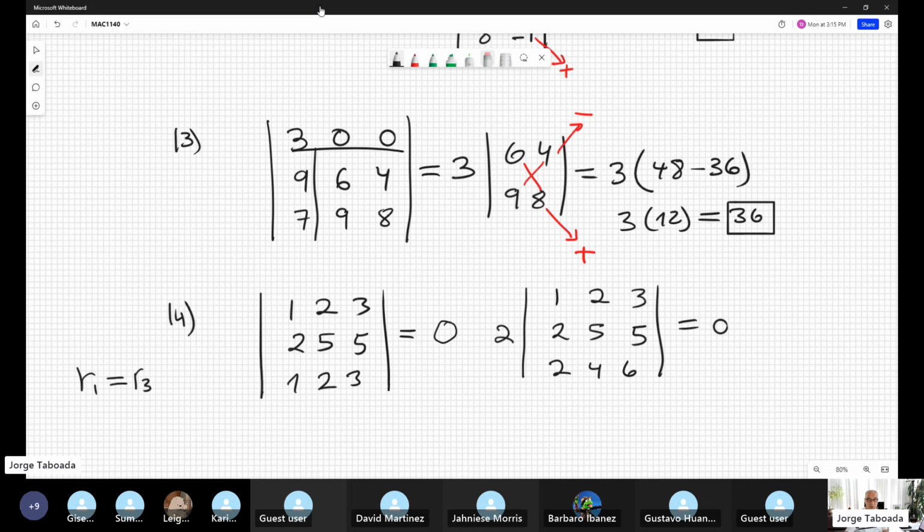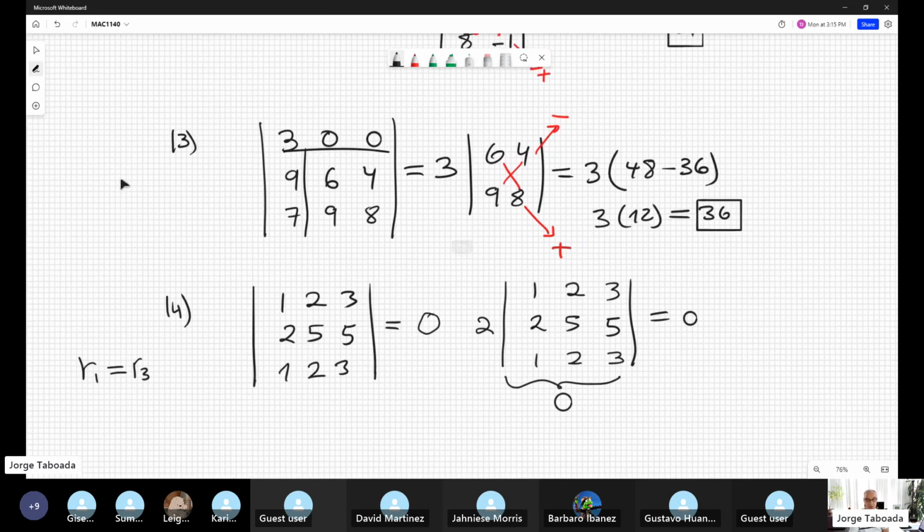This becomes a 1, this becomes a 2, and this becomes a 3. Also, I remember the property: in a determinant with two equal rows, this guy is 0. It's obvious that 2 times 0 is 0. So not necessarily equal. Equal or proportional.